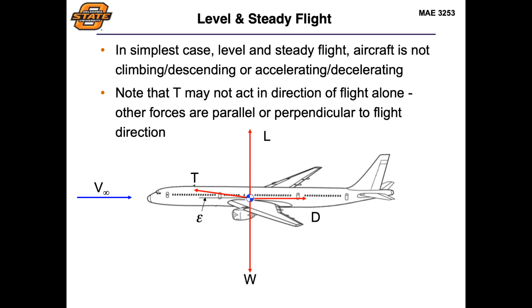So there is some expectation that you're going to have your thrust vector slightly offline, and typically that's going to be slightly up, so that it essentially counteracts the impact of the weight of the aircraft. Now that angle may be small, so it's usually a good assumption that epsilon is equal or close to 0, but it's always good to make sure that you carry that forward as well.